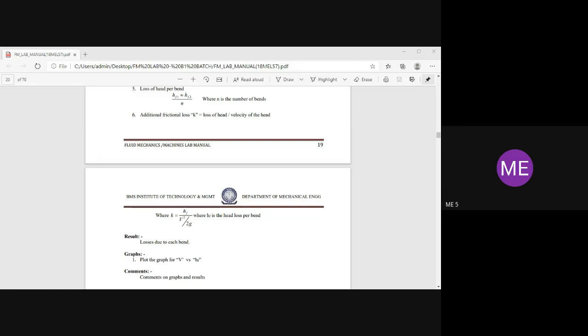H1 you take positive and H2 in all the trials you have to take negative. So H is H1 minus H2, which is H1 plus H2. In all the calculations you take H1 plus H2 only. Don't take minus sign.